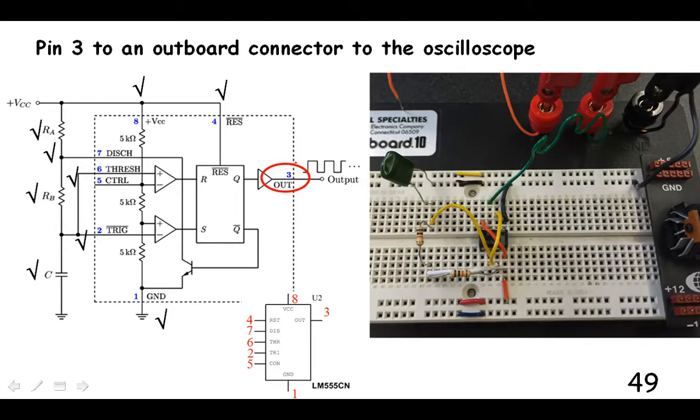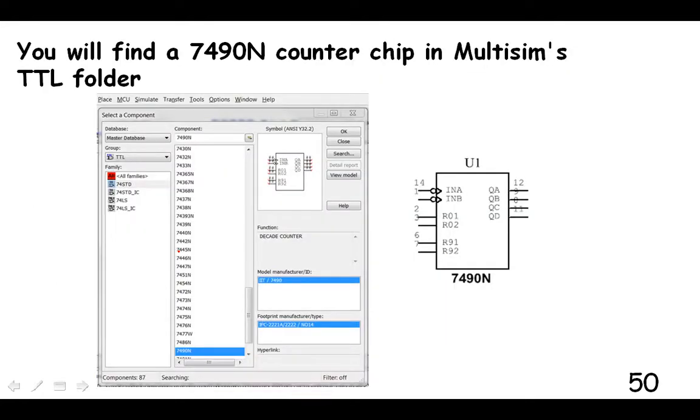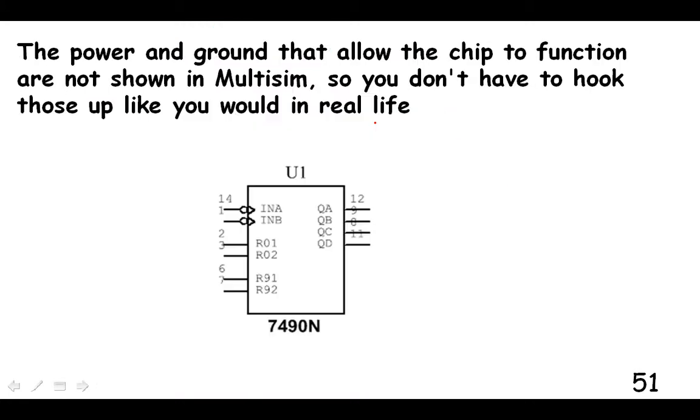Alright, so you're getting the idea, and pin 3 of your 555 virtual chip will then go over to your counter chip, your 7490 counter chip, which is found in the TTL folder inside Multisim. These are a little bit tricky to find, so I spent a little time finding them myself. So that's what it'll look like.